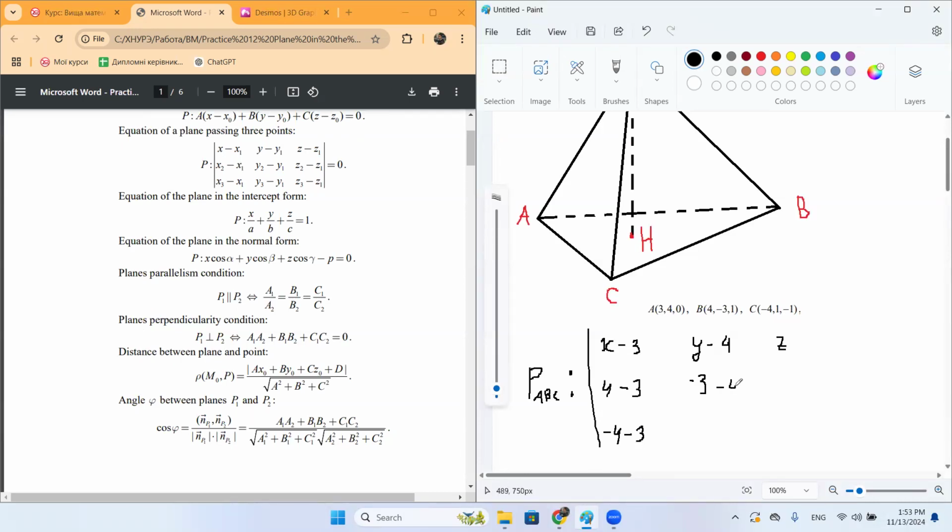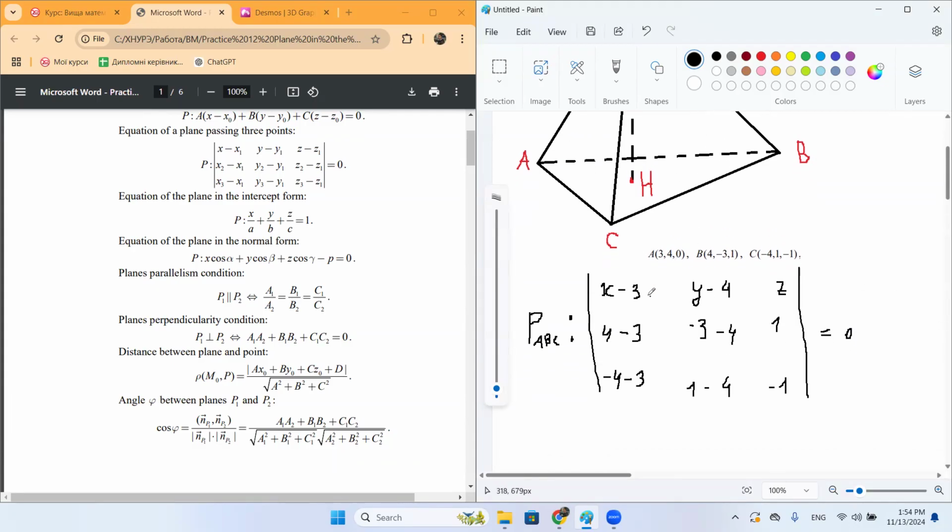3 minus 4, 1 minus 4, and 1 minus 1. Okay, let's double check. So 4 minus 3, minus 4 minus 3. Okay.